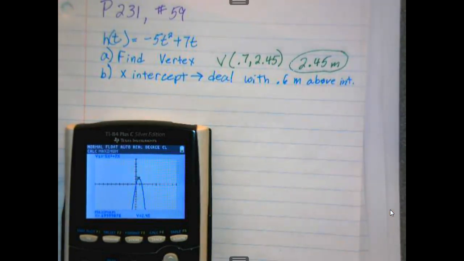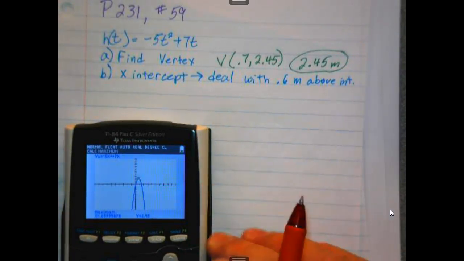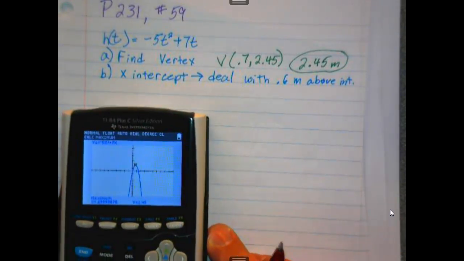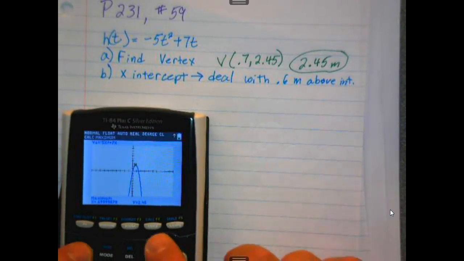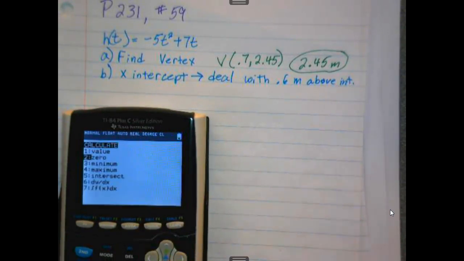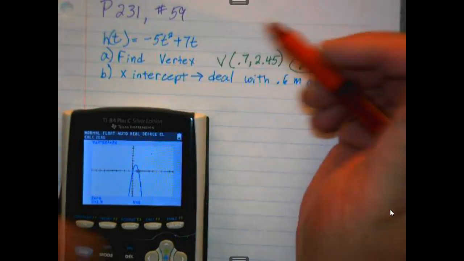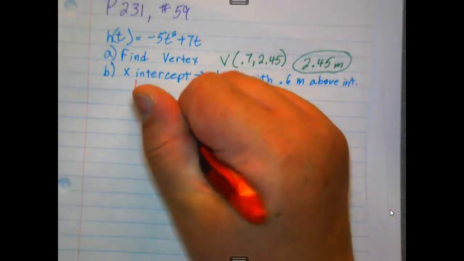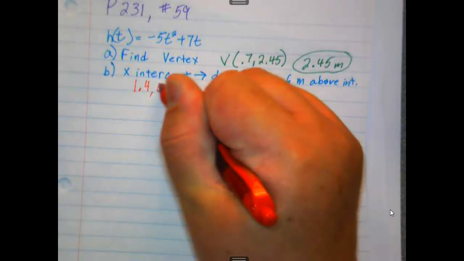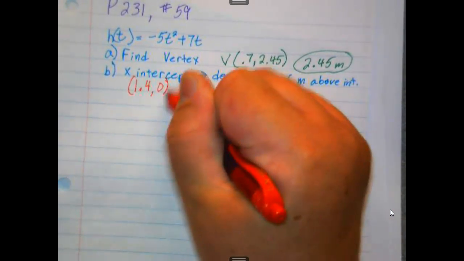Okay, B. What's the x-intercept? Again, I'm going to calculate the x-intercept. Second trace, calculate the zero. Enter. Am I to the left? Enter. To the right, enter, enter again, and I get 1.4 comma 0. That's my x-intercept.